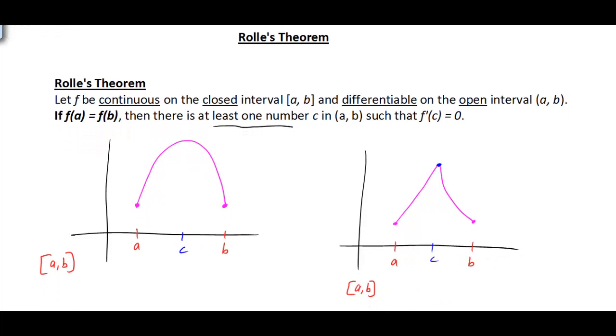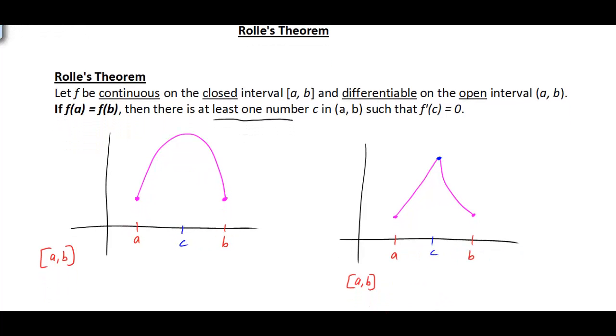Now if we look at the graph here, what does this really mean? Well, it tells us that our function is continuous, so you'll notice here we have a continuous function, this nice smooth curve, between the interval from a to b, and of course this is a nice smooth curve, so it is differentiable. Now, does f of a equal f of b?